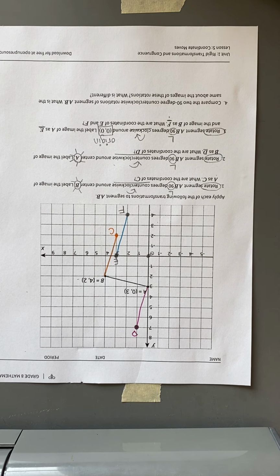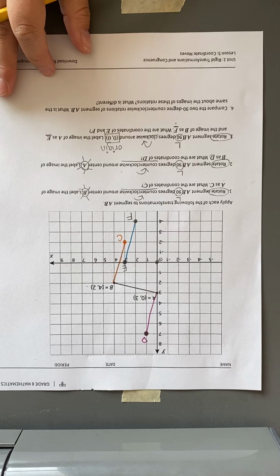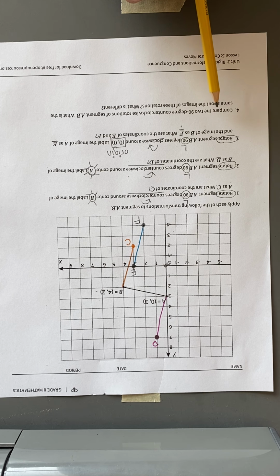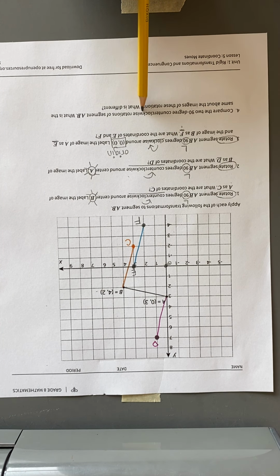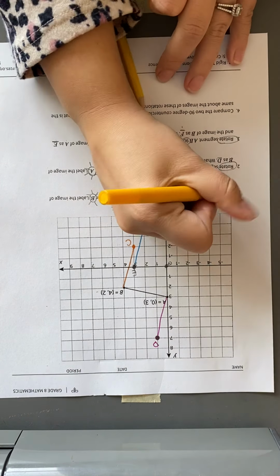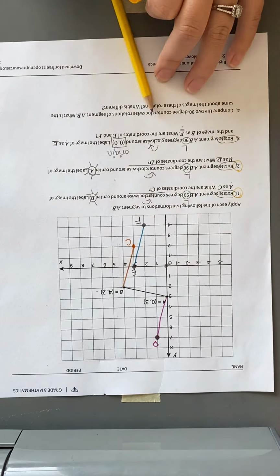All right, our last question before we get to our practice work is a reflection. So I want you to compare. Look at the two 90-degree counterclockwise rotations. So we are looking at number 1 and number 2.